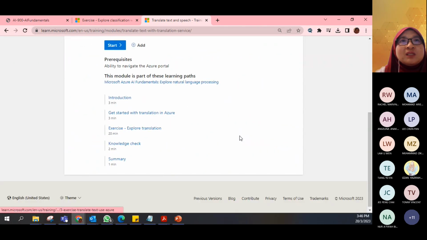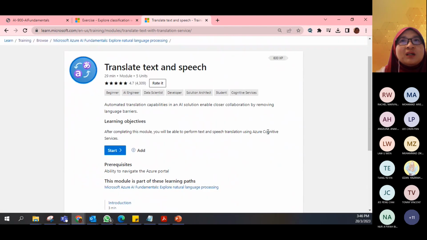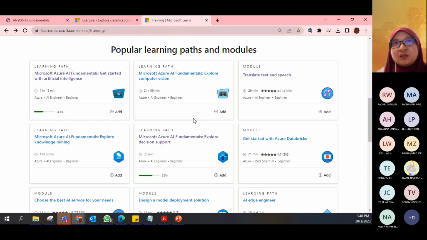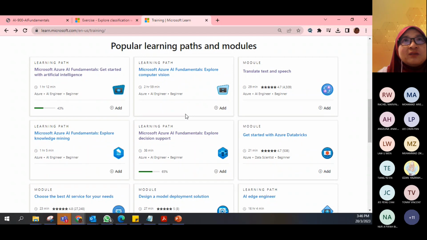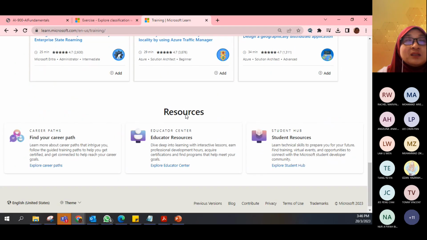It will tell you which certification this is for. Azure Cognitive Services is for that. If you want to learn more, it's good for beginners, AI engineers, data analysts. You can go through it. If you have passed your AI900, you can go up to the upper level, AZ900.